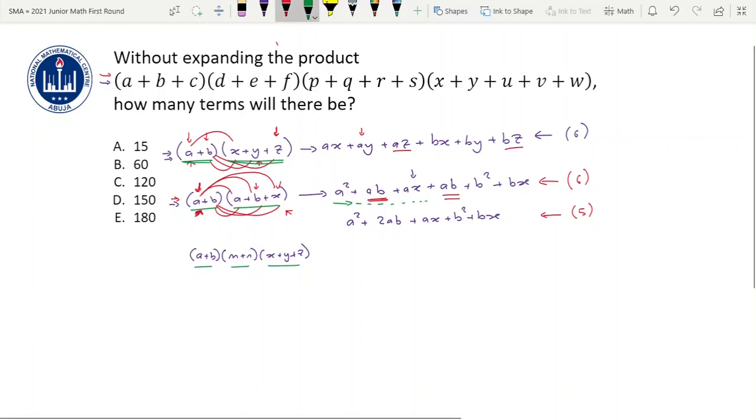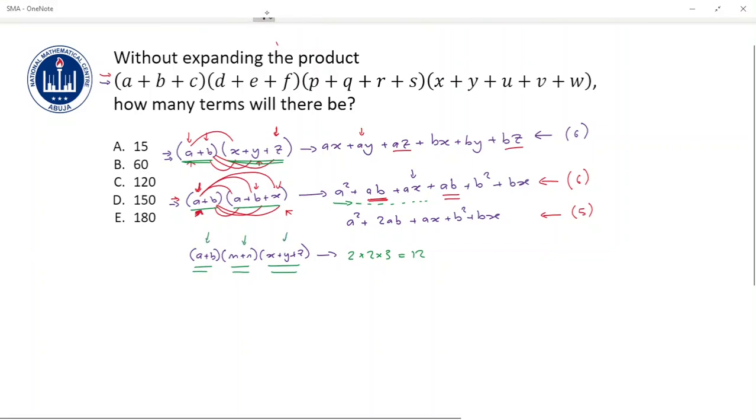Then if you're asked to find how many terms there'll be if you expand this, since each term on the right hand side will be a product of one from the first, one from the second, and one from the third, it means that there'll be 2 times 2 times 3, which is 12 terms. Since each of the terms you get will have one letter from here, one letter from here, and one letter from here. So let's go to the question we're given now.